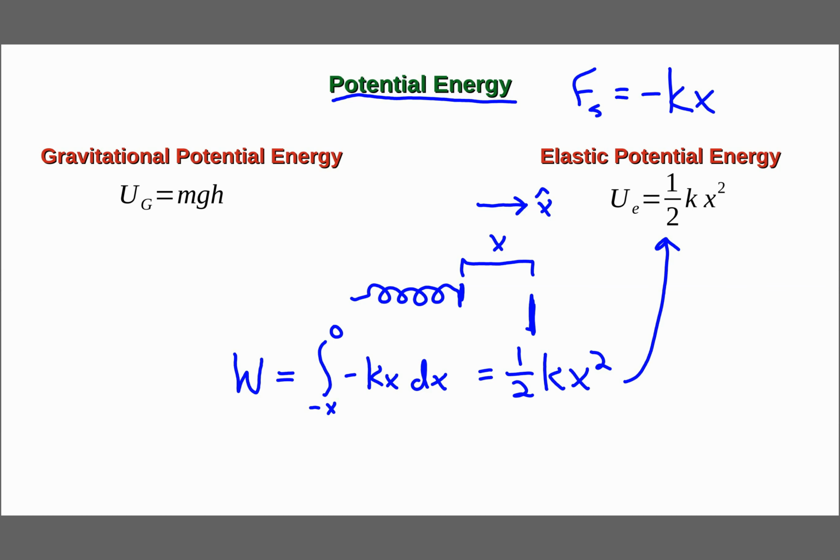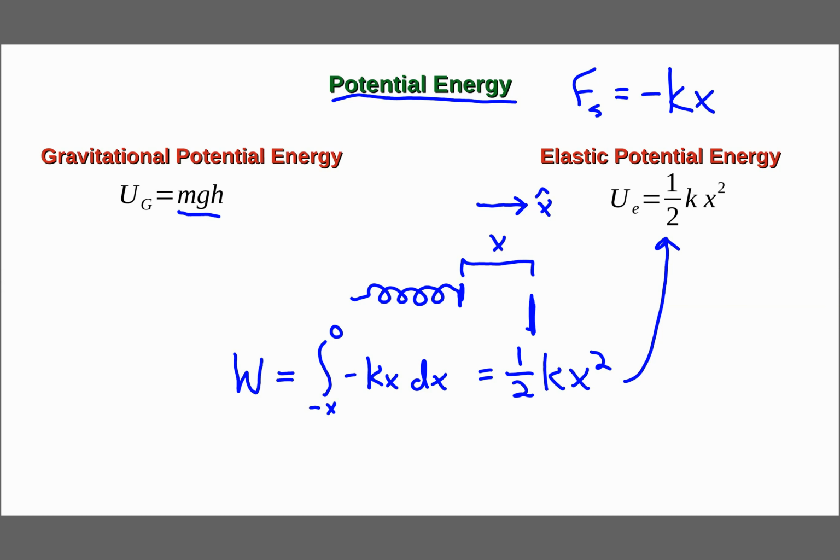This is our elastic potential energy. It's the work that we must do on a spring to deform it, or the work that it's capable of doing as it returns to its equilibrium position. Just like gravity, this gravitational potential energy was the work that gravity could do in causing an object to fall, or the work that we would have to do to give the object this potential energy, right?